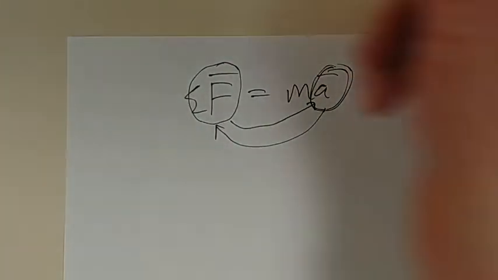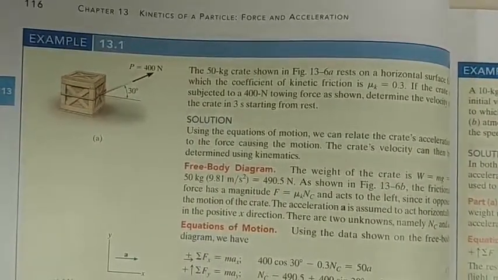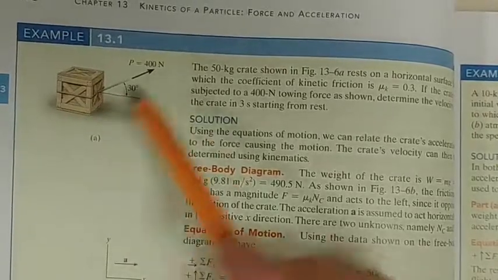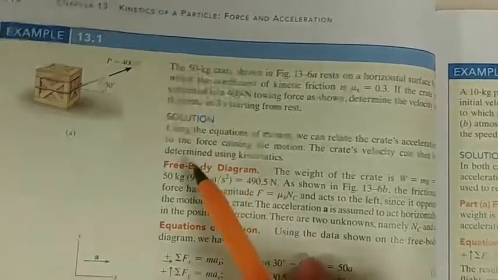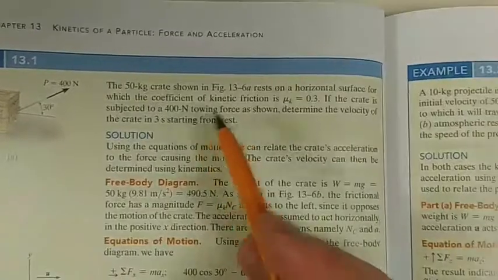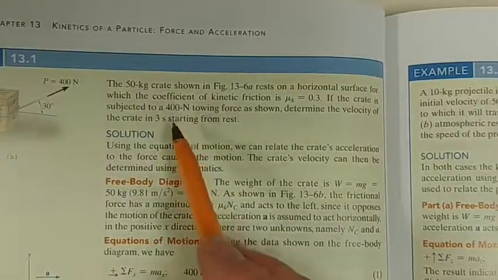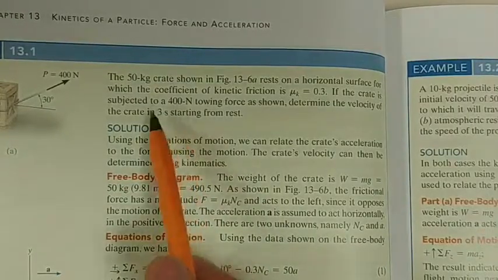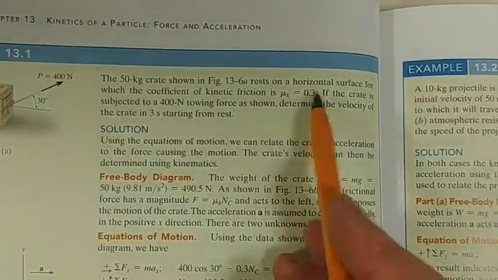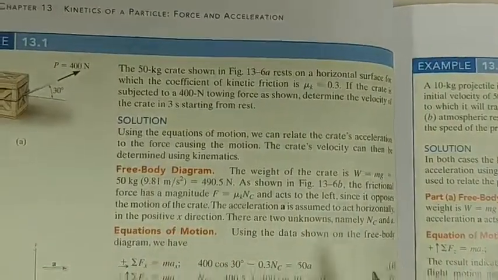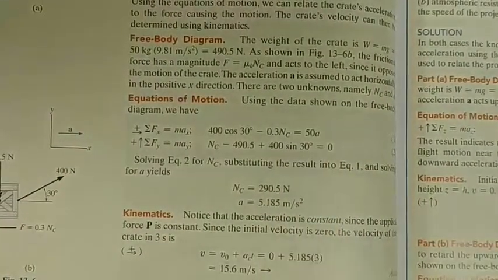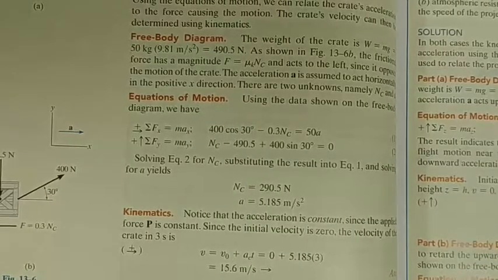So let's have a look here. Example 13.1. I'm not going to go through it. I'm just going to show you what I mean. We have a problem here. It has some force information. There's mass, 50 kilograms. There is some other kinematic information. For example, there's time, and there's some more force information. The point is, I'm just trying to give you a general idea of how these problems are solved.